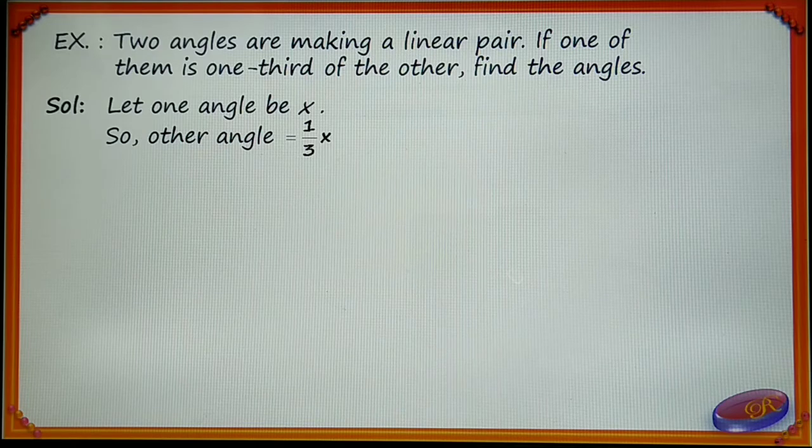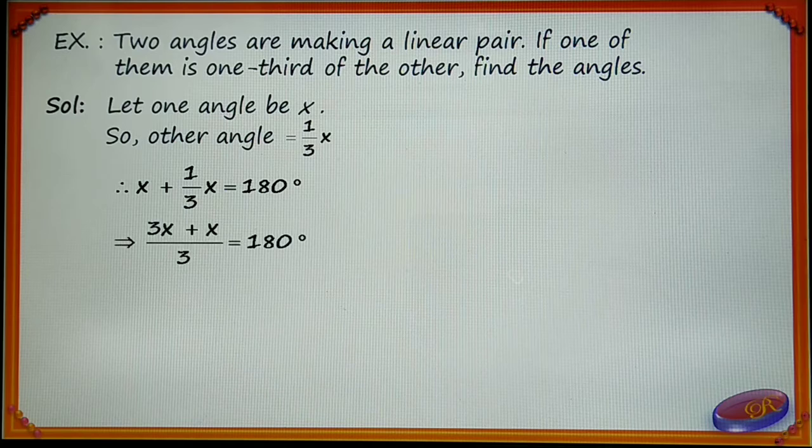Since they form a linear pair, therefore, x plus 1/3x is equal to 180 degree. When you take LCM, that is 3, you will get 3x plus x divided by 3 is equal to 180 degree.